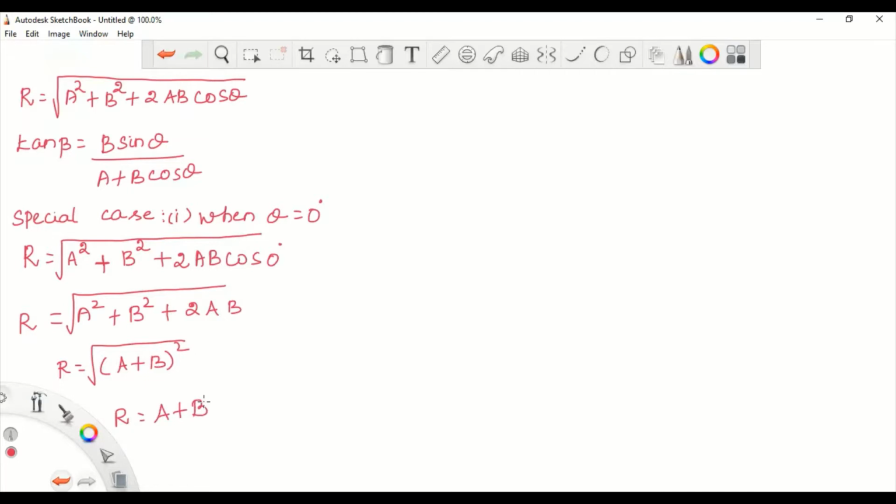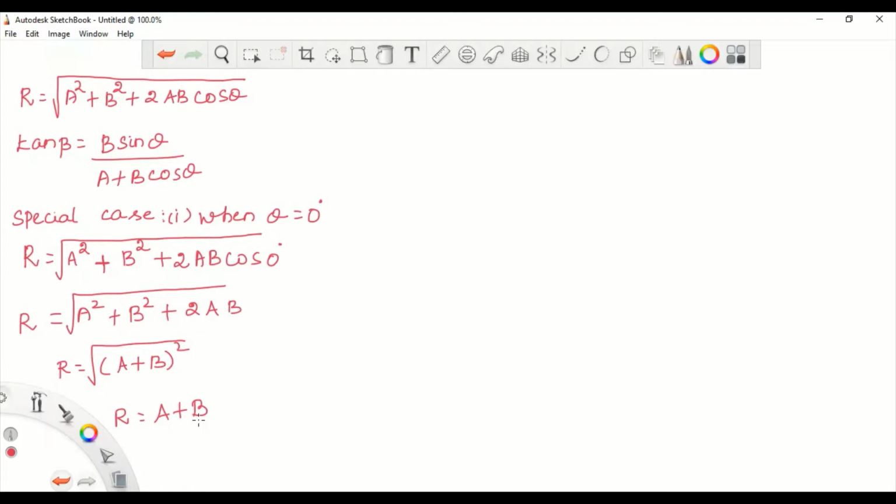Okay. So now you can also substitute the values of theta in the direction. Okay. So here direction formula tan beta is equal to B sin 0 divided by A plus B cos 0, so that you can find the direction. Okay. So what will be the direction here, children?